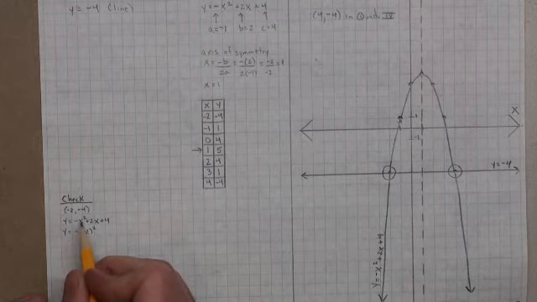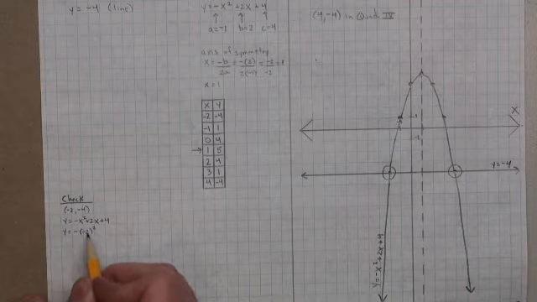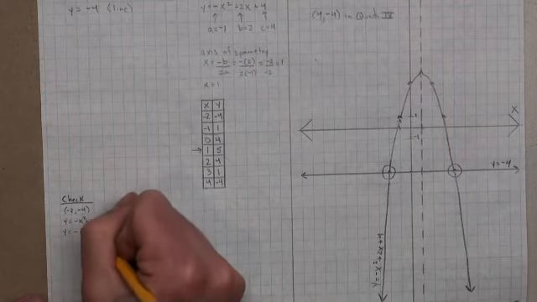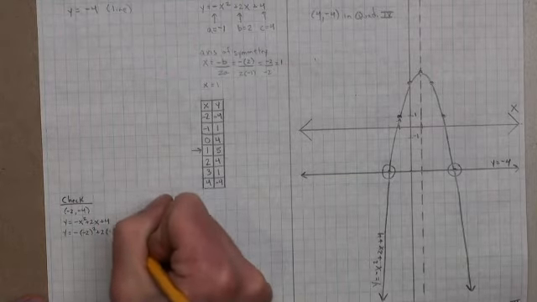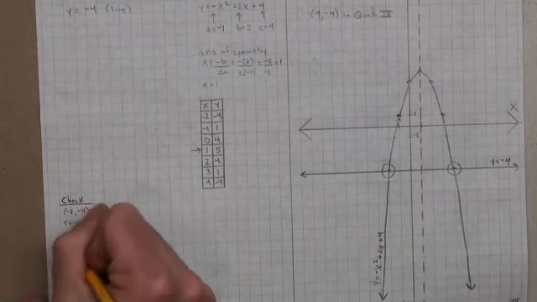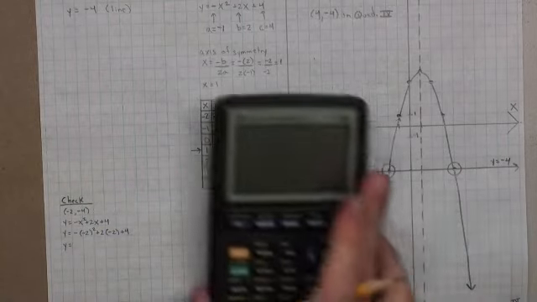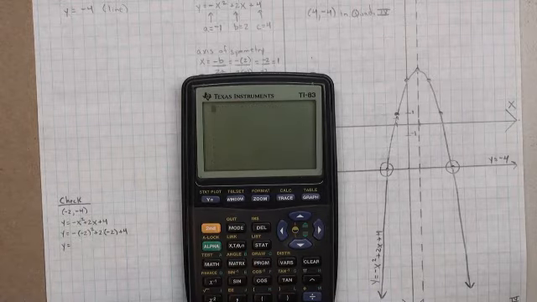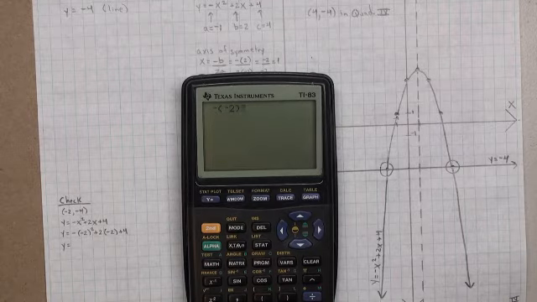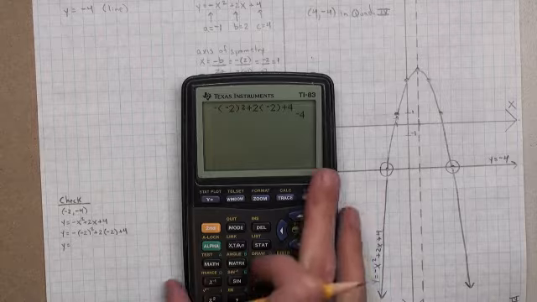This is -x squared. So negative x is -2 in parentheses and then squared. Plus 2 times, again inside parentheses, -2 plus 4. So let's just plug this into our calculator to make sure we don't make any mistakes. We have negative, in parentheses, -2 squared plus 2, and then inside parentheses another -2 plus 4. And we get -4.